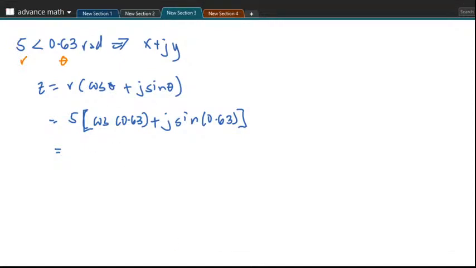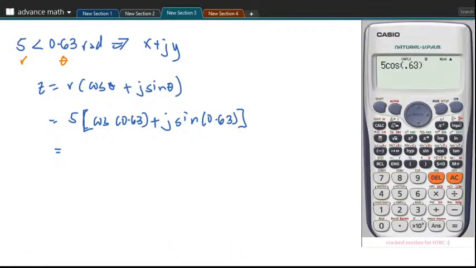If you are going to use the calculator, we have 5 cosine 0.63. Just a reminder, because our angle is in radians, we must set our calculator also in radians. I believe the calculator was not seen on the screen.